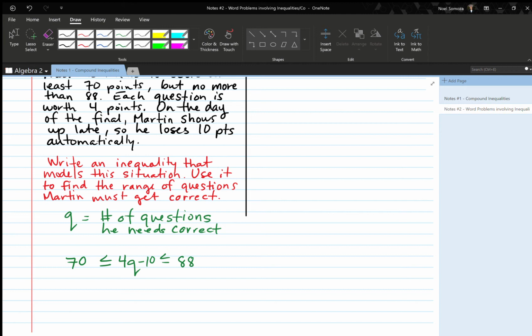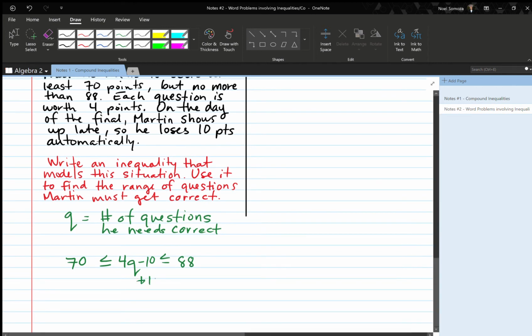So now let's start solving. We add 10 to all three sides. Now I have 4Q is less than or equal to 98, which is greater than or equal to 80. So what's Martin's goal now?